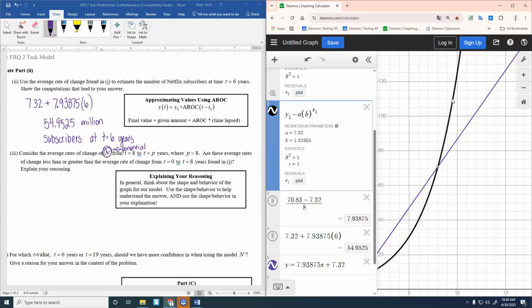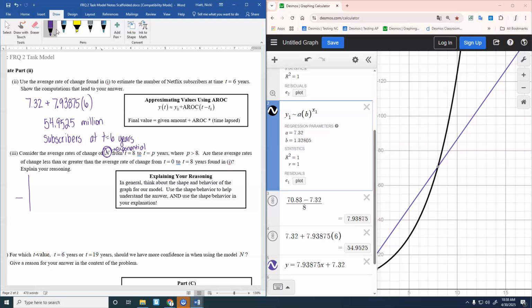So that average rate of change is going to be greater. Okay? It would not hurt you here. It says you're using the shape and behavior of the function. There's a lot of different ways that you could explain this.